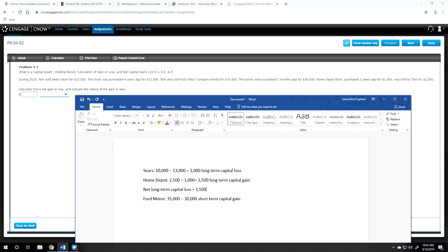So step 2 above, did we have a net long-term capital gain? No, we have a net long-term capital loss. So let's keep going. If step number 2 results in a net long-term capital loss, which is exactly what we've got here, it is offset against any net short-term capital gain, resulting in either a net long-term capital loss or ordinary income.